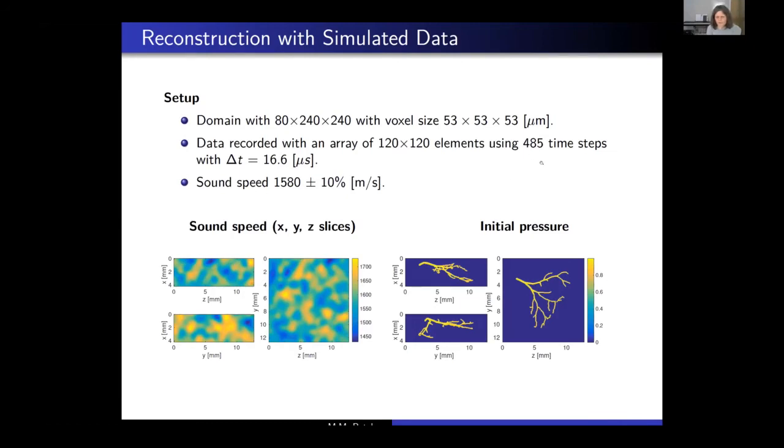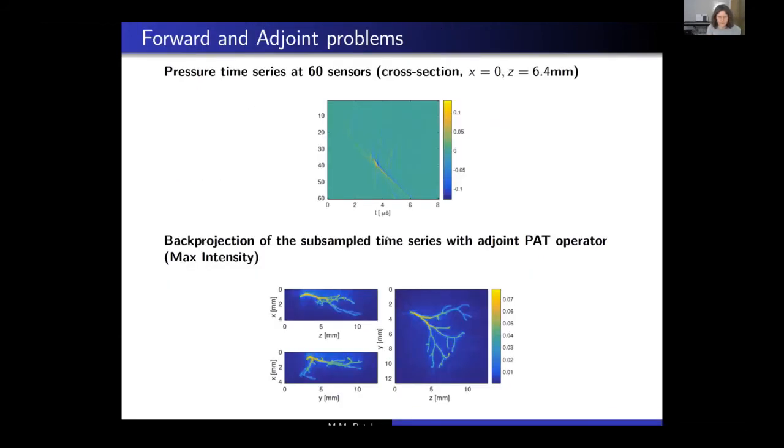It takes 485 steps for the wave to pass through the domain. If we take a cross section through this grid and drop every second sensor, this corresponds to 25% subsampling of the sensor array. This is the type of data that we are going to see. It looks a little bit digital, because it's already subsampled in a sense.